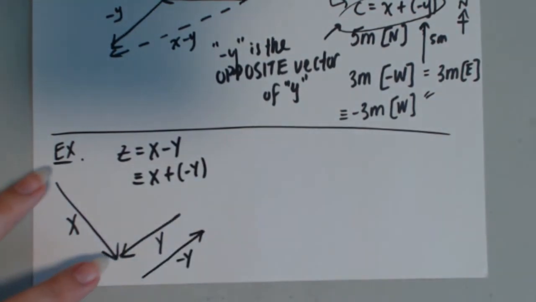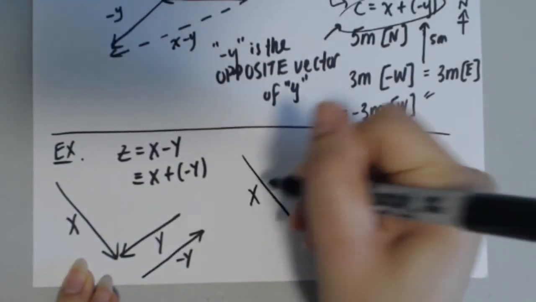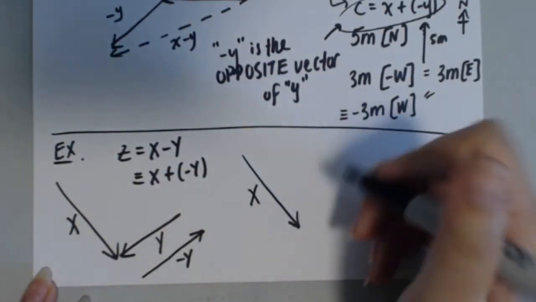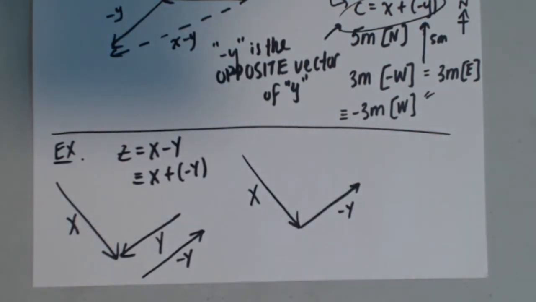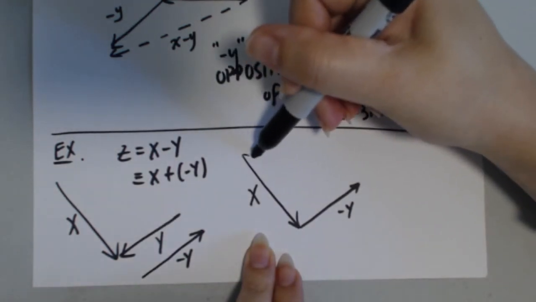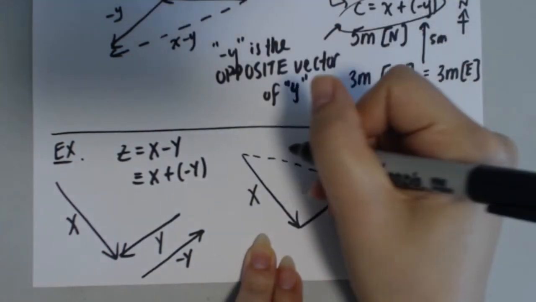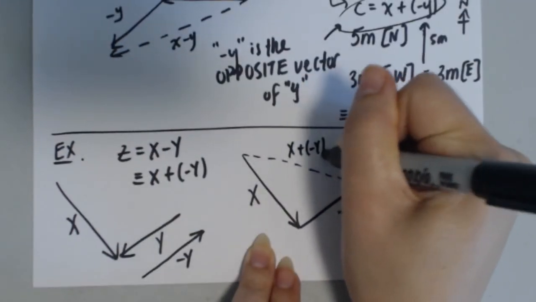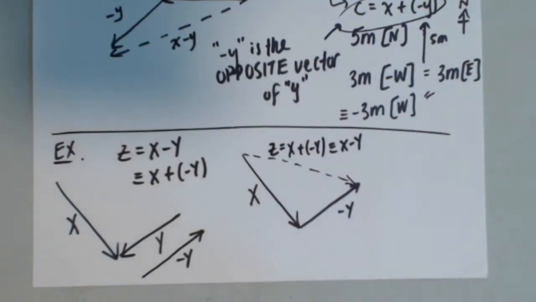So what I'm going to do is take x and negative y and put them together. Take the tail of negative y and attach it to the tip of x. So that means I'm going to have something like this. X, and take this to the end here. There's negative y, and when you add the vectors together, from the tail of the first vector to the tip of the final vector. So there's x plus negative y, aka x minus y, which is equal to z.